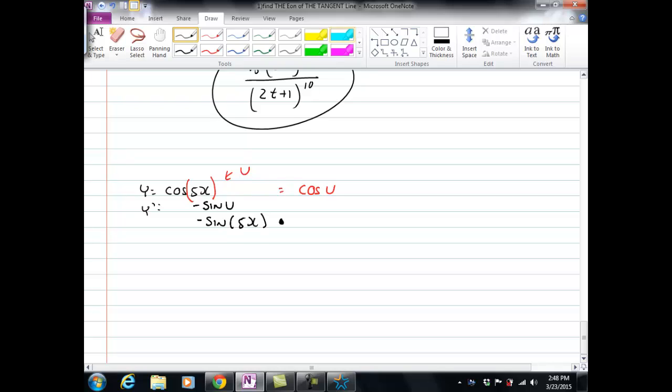Because we have to take the derivative of this. This is why I said work from outside in. First I start with cos, then I work inwards. So my answer is negative 5 sine 5x. Ta-da!